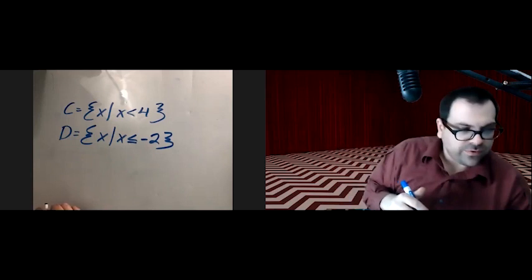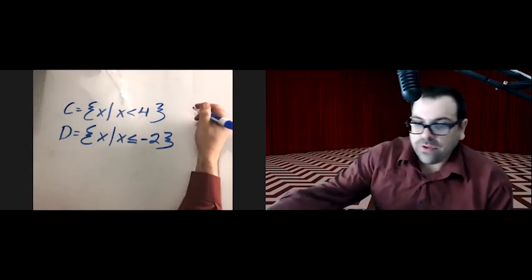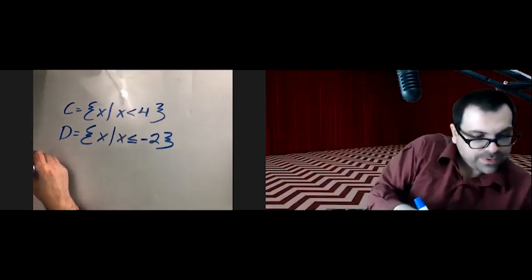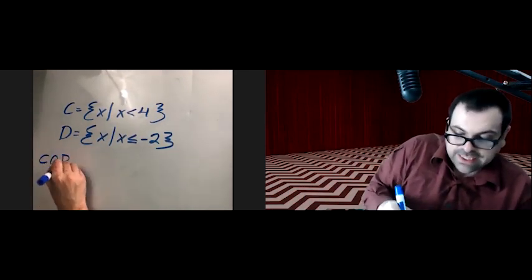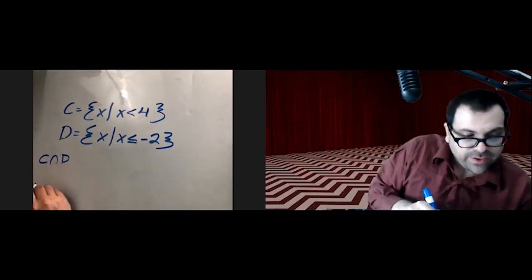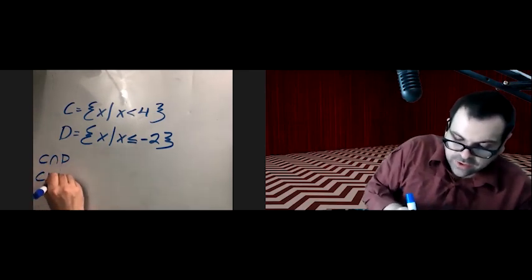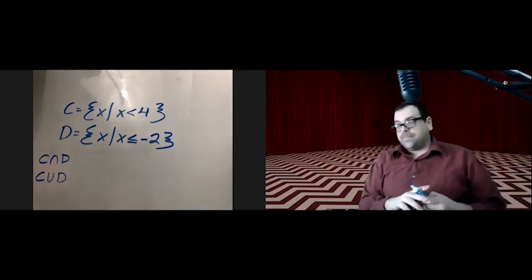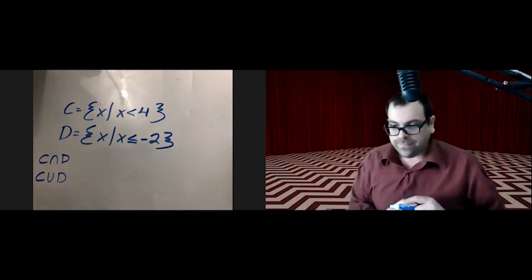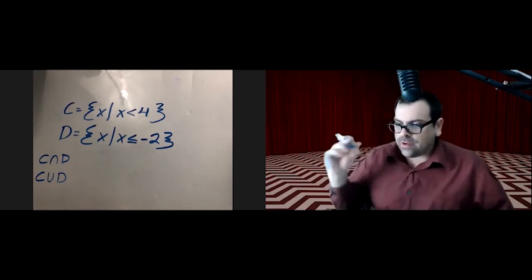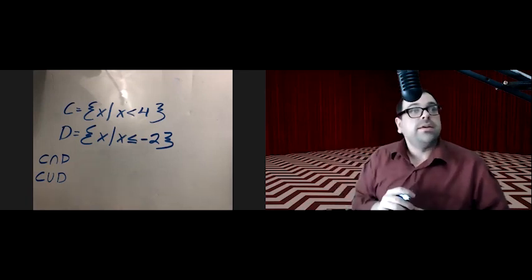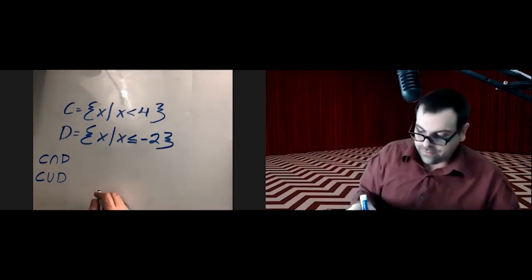We are going to look for both C intersection D, and we are going to look for C union D, both of them. Well, let's go ahead and look at the graph.